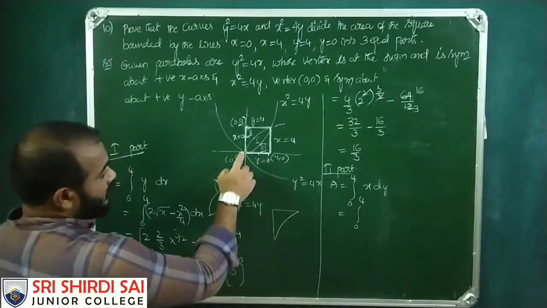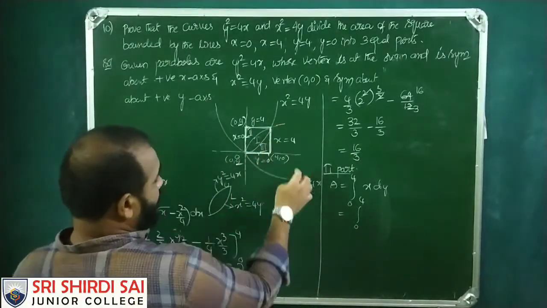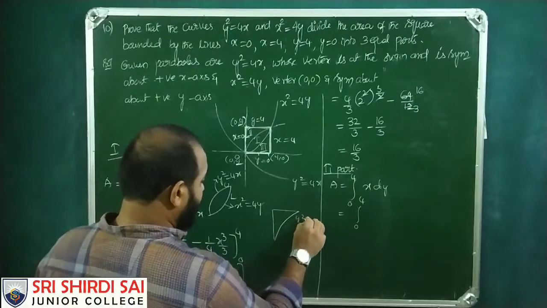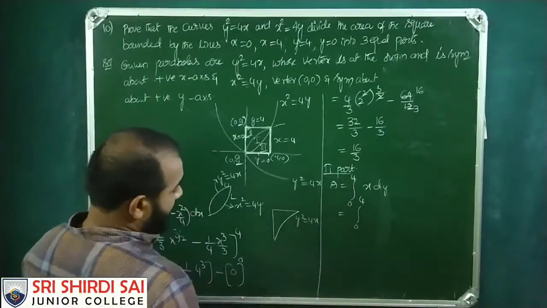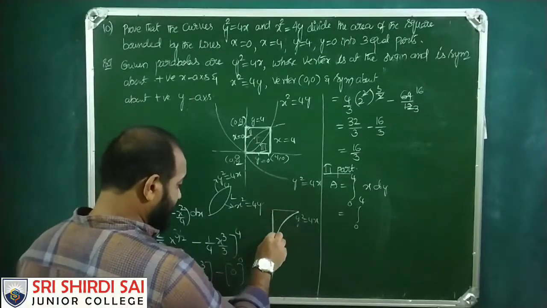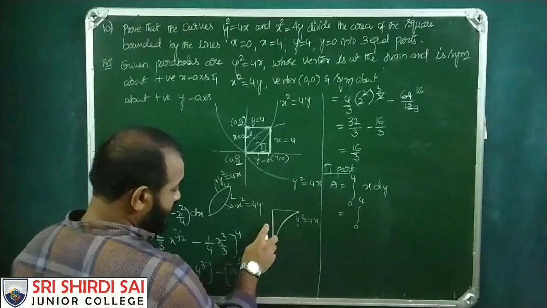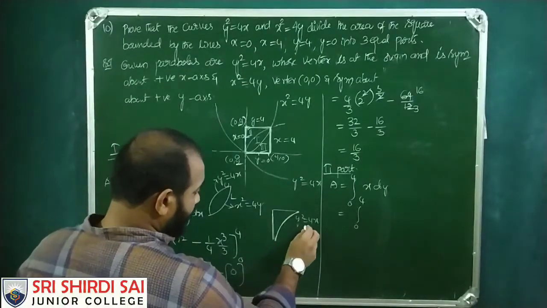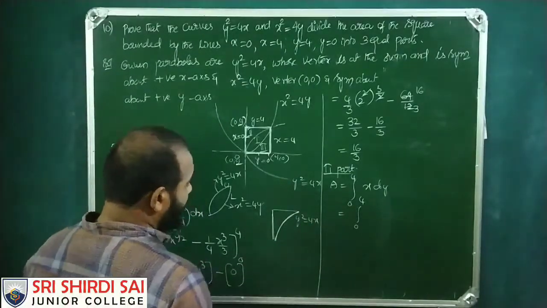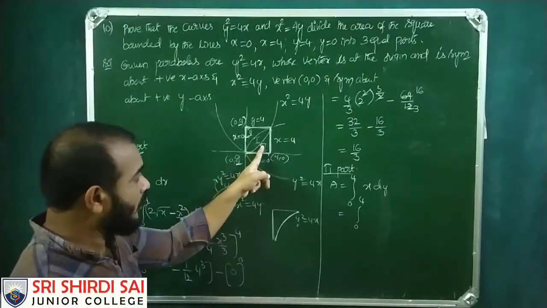This is the part of the y square equals to 4x curve, and this is the y axis. Y axis in the sense x equals to 0. As far as the x axis is concerned, it is upper curve minus lower curve.